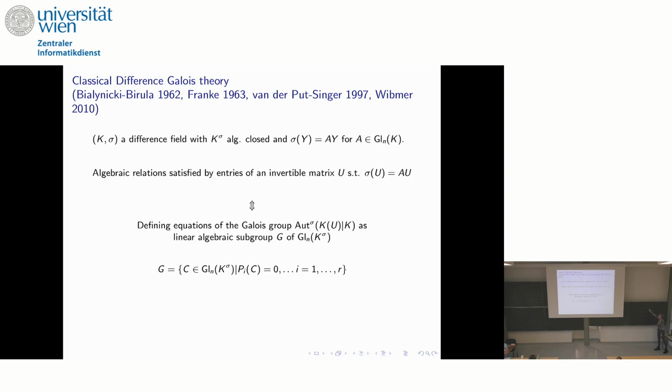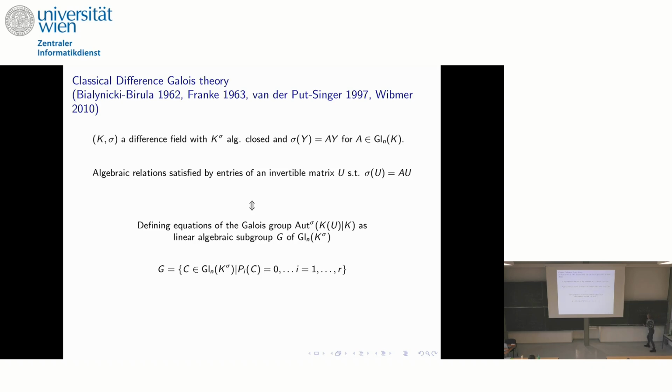And since I have this assumption, this must be a multiple of my formal series solution via some invertible matrix with constant coefficients.